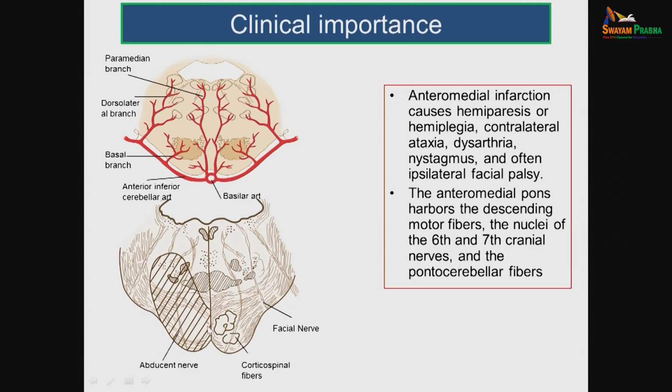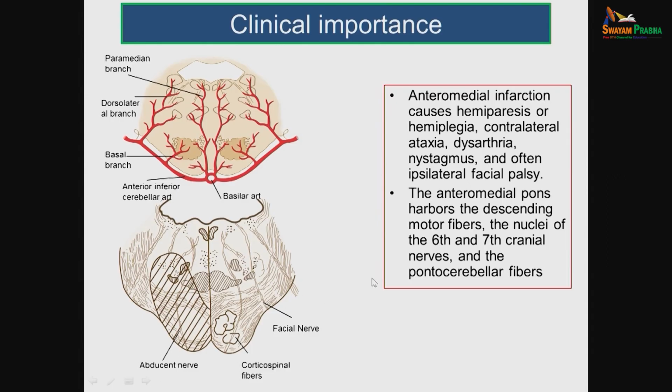So there is a contralateral ataxia and there is dysarthria and there is nystagmus, okay, and often there is an ipsilateral facial palsy, if there is any anteromedial infarction. Okay. So this area of the pons harbors the descending motor fibers, nucleus of the 6th and the 7th cranial nerves and pontocerebellar fibers. So this is how this area is, and also we know this is supplied by this artery.